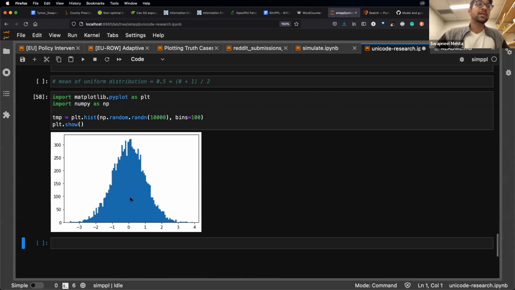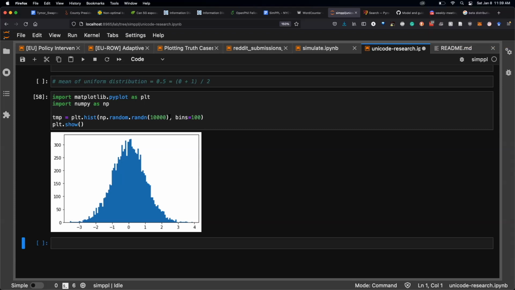Can someone tell me the mean of this distribution? Probably 0.